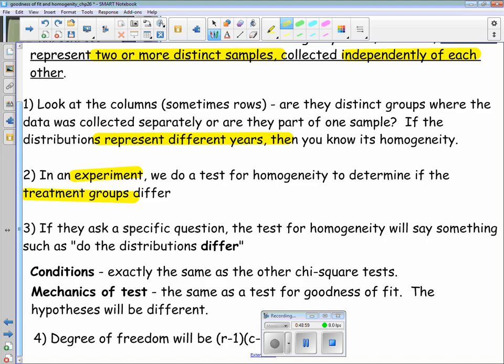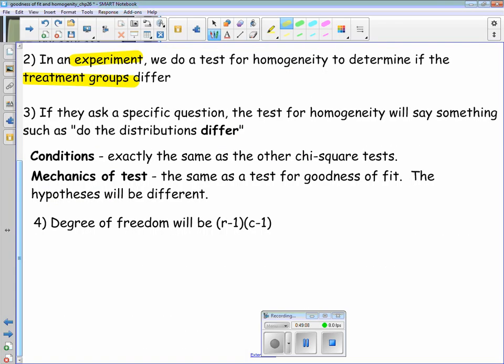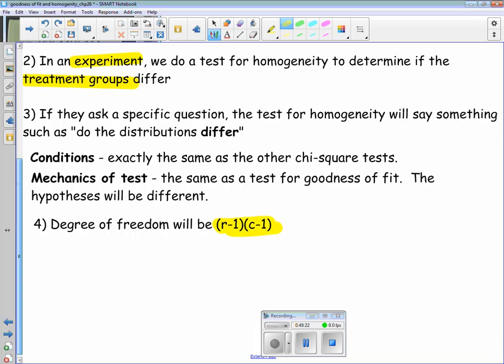The conditions are exactly the same as goodness of fit. The mechanics are exactly the same. The only thing that's different is your degree of freedom. The degree of freedom is this. The data is going to be given to you as a matrix. What kind of table is that?